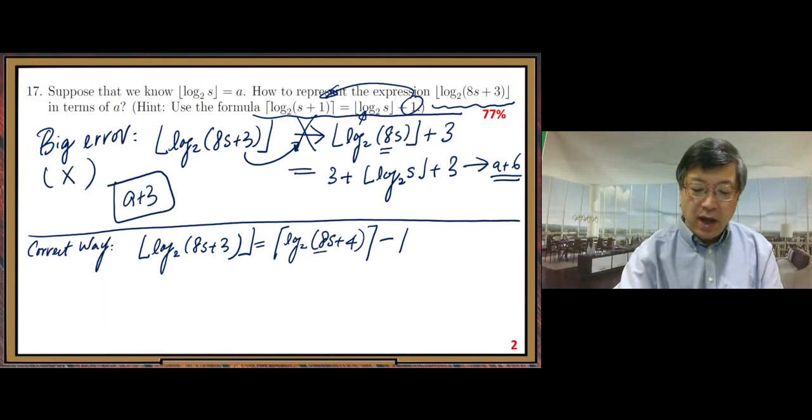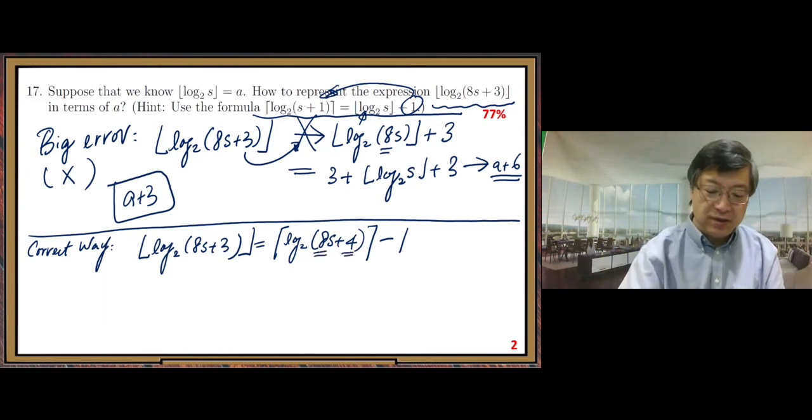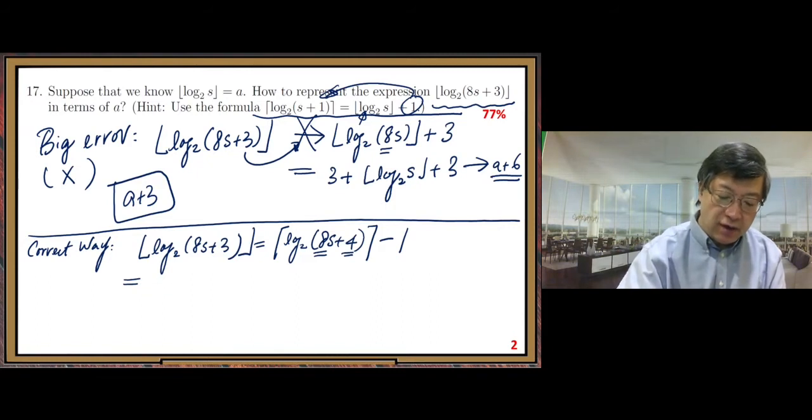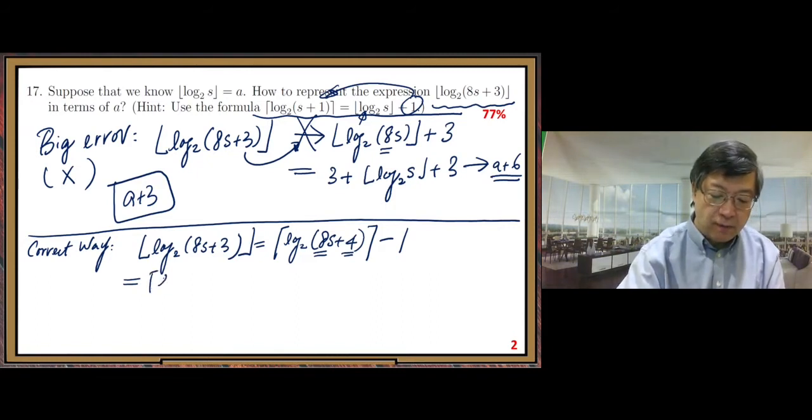Now, multiplication. Now you have ceiling function log base 2 of 4 times 2s plus 1, minus 1.